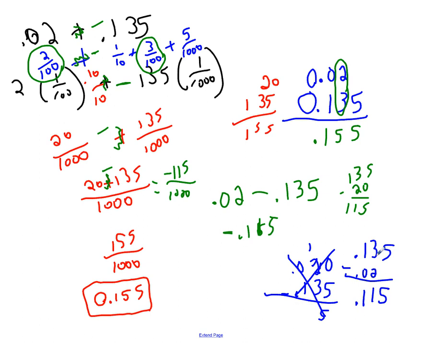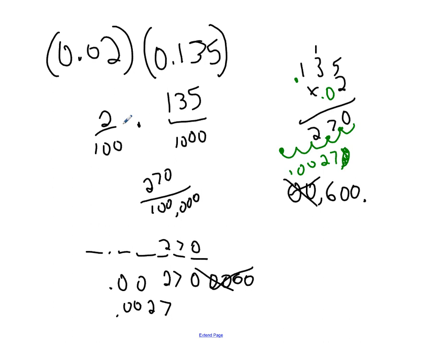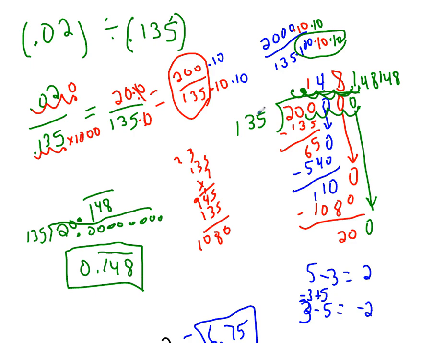All right, so when we're adding or subtracting, we have to line up the decimal places so that we can add like terms with like terms. Whereas when we're multiplying, we're not lining this decimal up with this decimal. We're just multiplying the whole numbers, 135 times 2, and then sorting out the decimal places at the end. When we're dividing, there's no decimals to line up besides this one and this one.